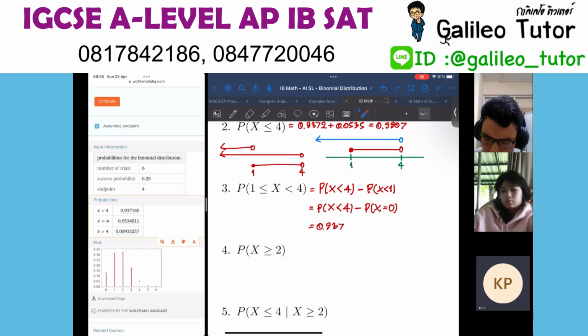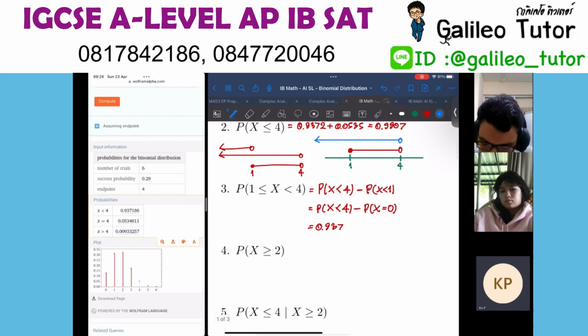But I want to erase this segment containing 1. Once you erase this segment, it must have 1. You have to erase by this line, less than 1, right? So this line is less than 4. This line is less than 1.